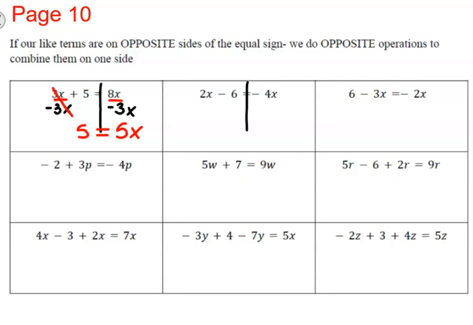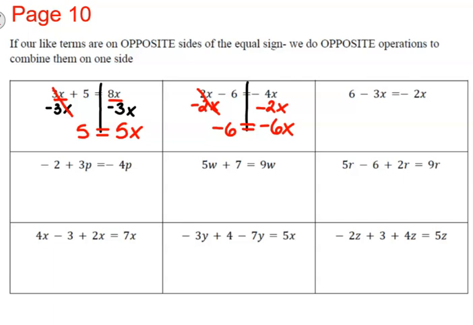The negative 4x is by itself, so we want to do the opposite on the other side. On that side, I have a positive 2x, so my opposite is minus 2x. So I still have negative 6 equals, and now watch your signs, negative 4x minus 2x is negative 6x.